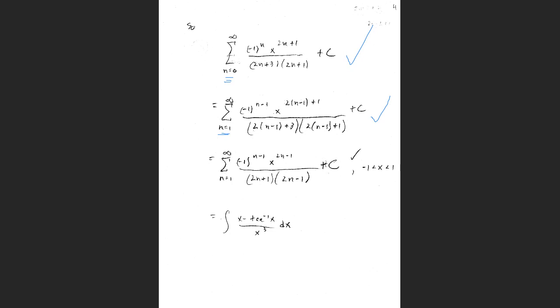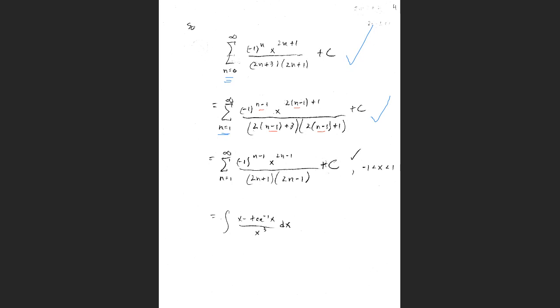If we're starting at n equals 1, if we're bumping up 1, then we have to subtract 1 off of everywhere we see an n. That's why you have n minus 1 everywhere there was an n.